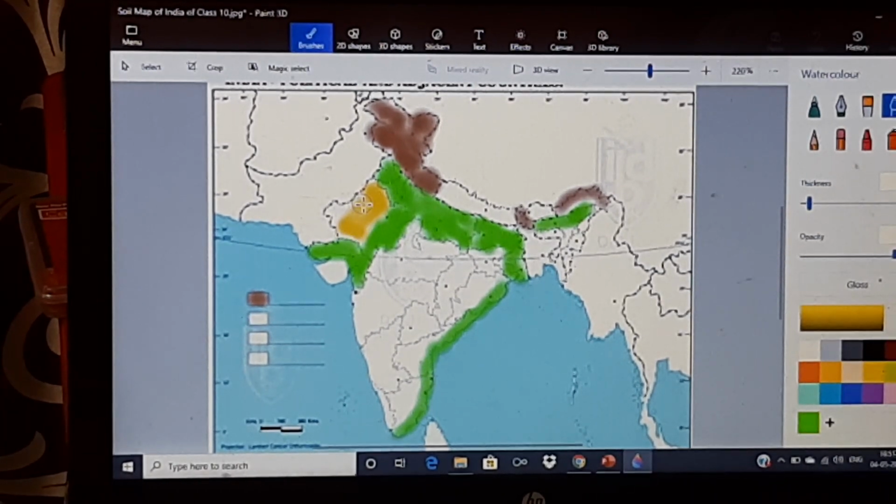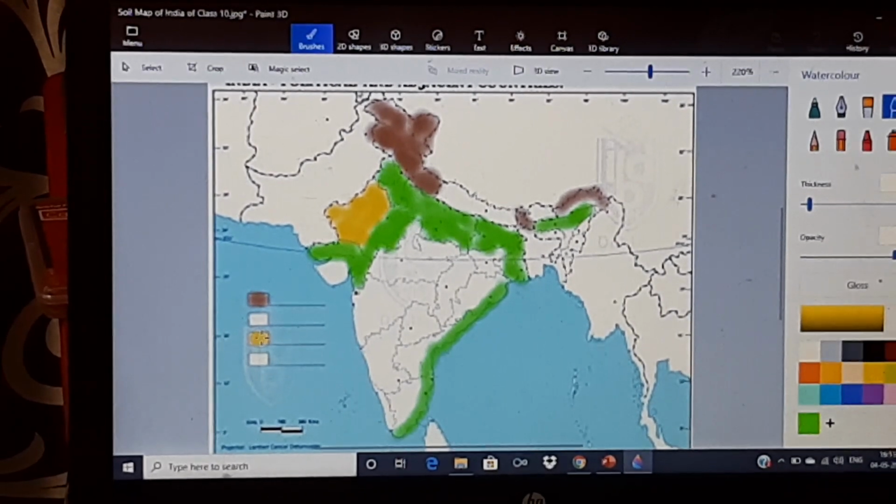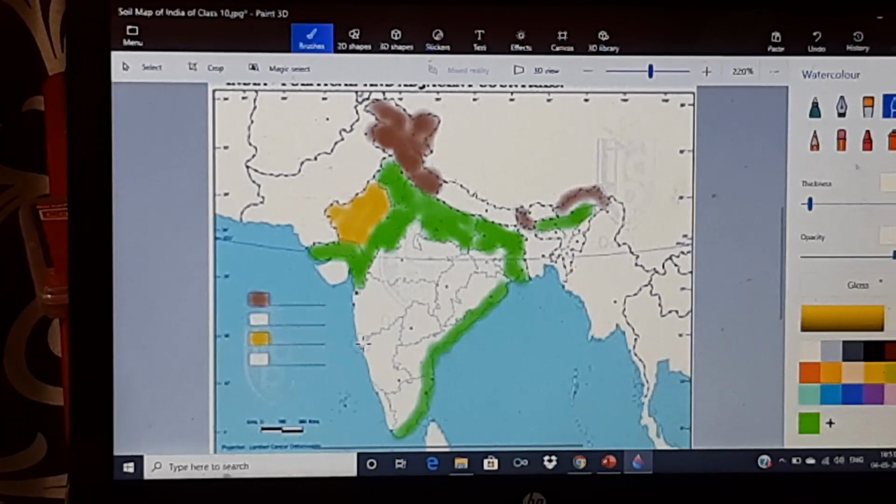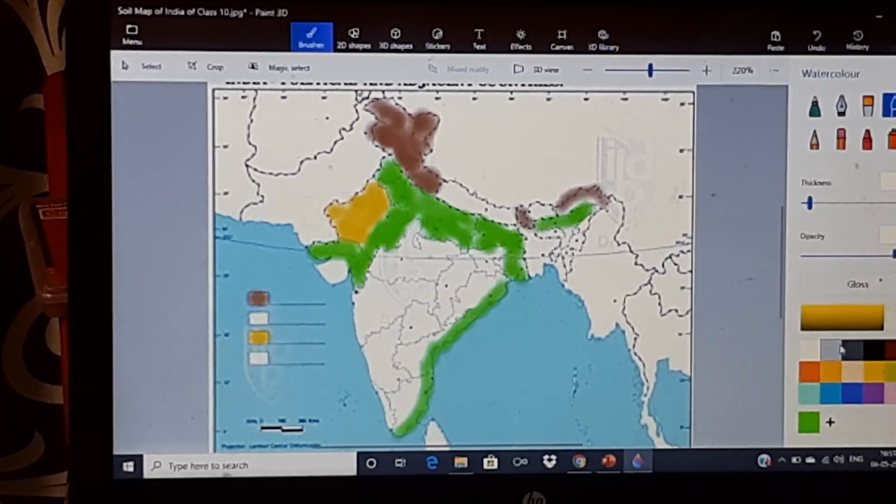This part is the desert soil. This entirely is the desert soil. I missed out the shading out for the alluvial soil index. This is desert soil. You have to write down the name over here, desert soil. Next, we will plot the black soil.